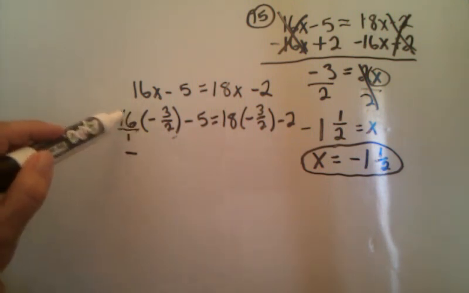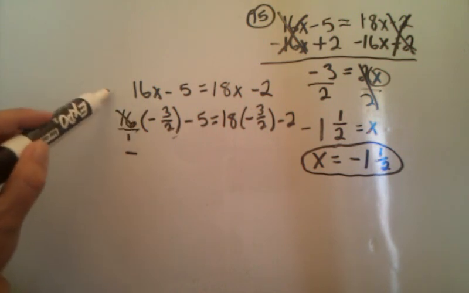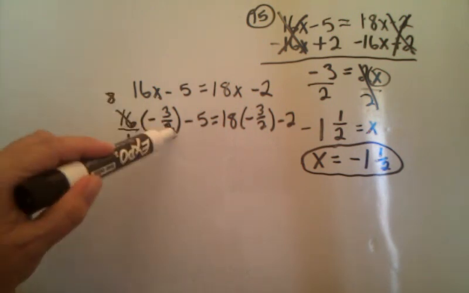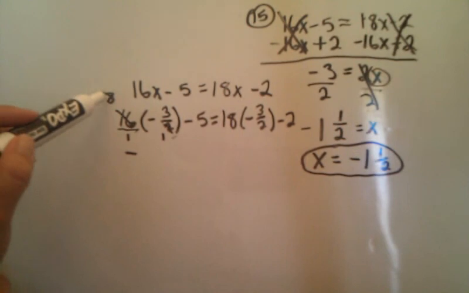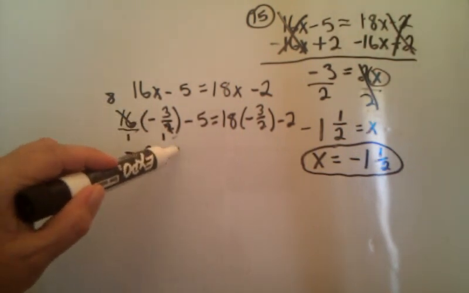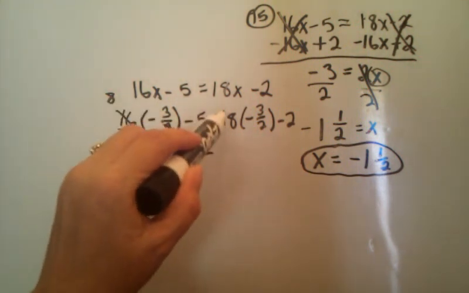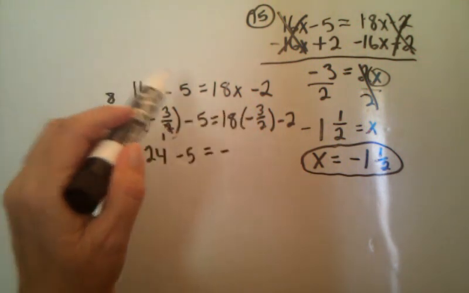Okay. I can cancel my 16 and my 2 because I can divide them both by 2. 16 divided by 2 is 8. 2 divided by 2 is 1. 8 times 3 is 24. Okay, minus 5 equals, oh, positive times negative, it's going to be negative.